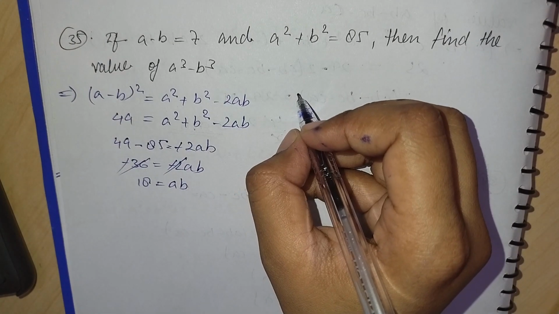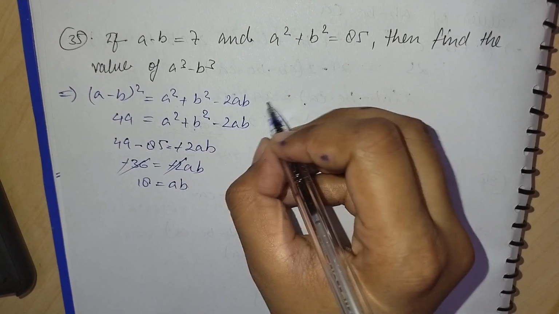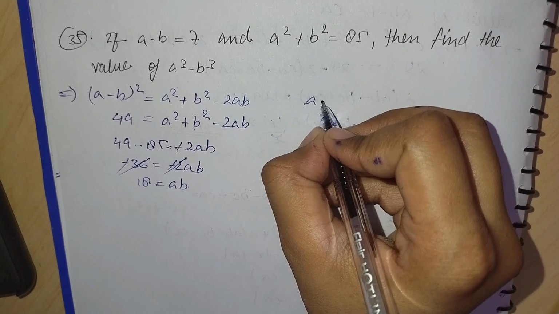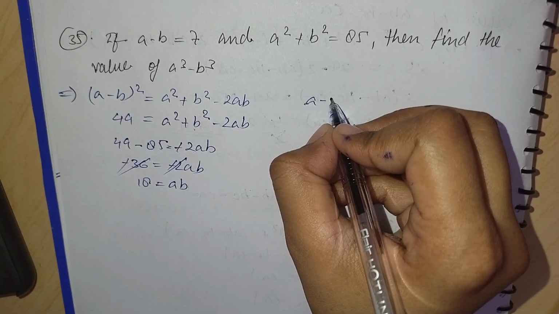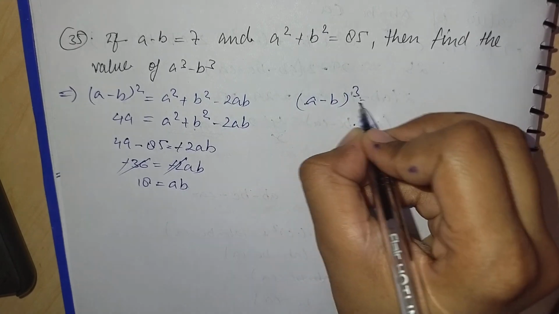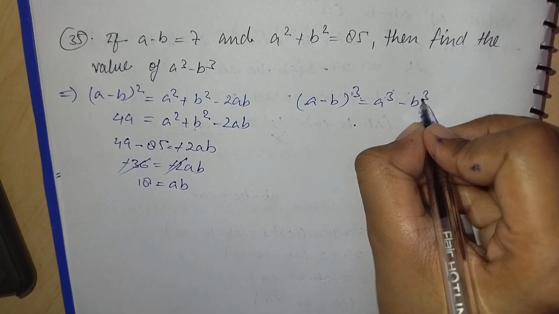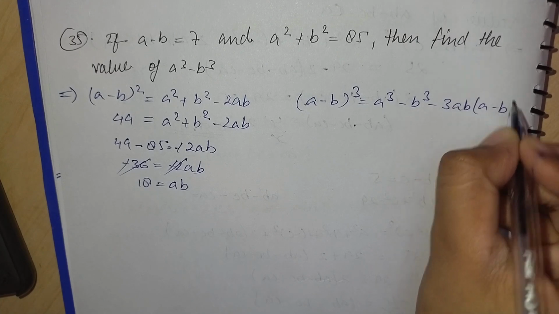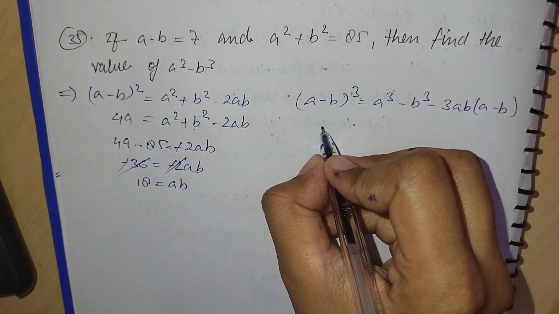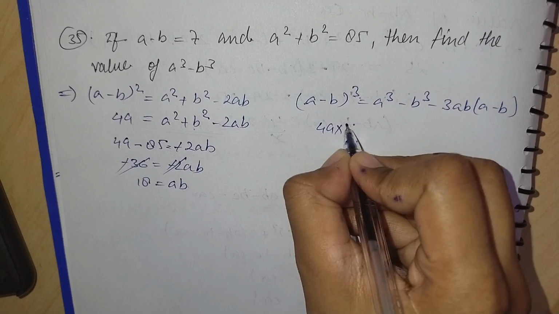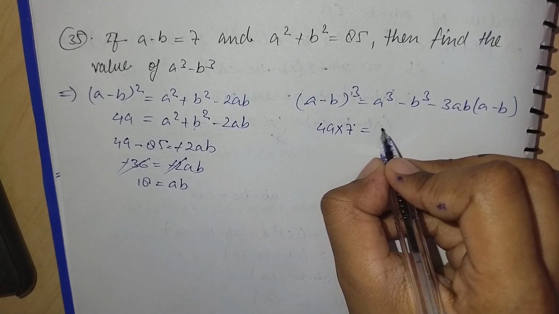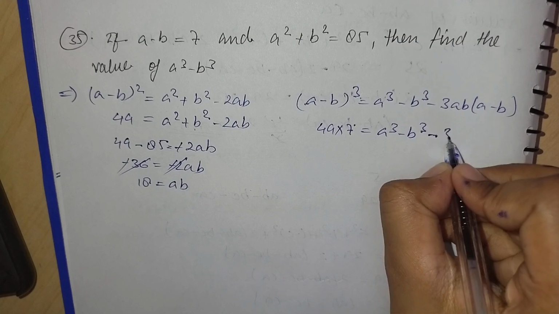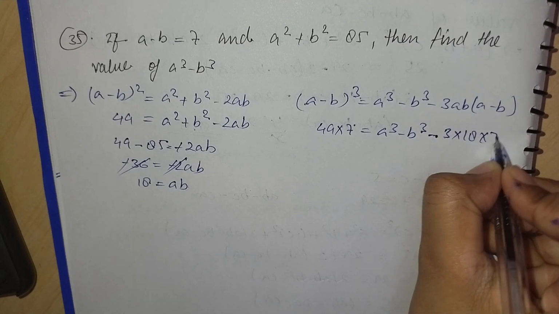For finding the value of a cube minus b cube, we will find here (a minus b) whole cube equal to a cube minus b cube minus 3ab times (a minus b). Putting the values we will get 49 into 7, that is 343, equal to a cube minus b cube, as we have to find the value of that, minus 3 into 18 into 7.